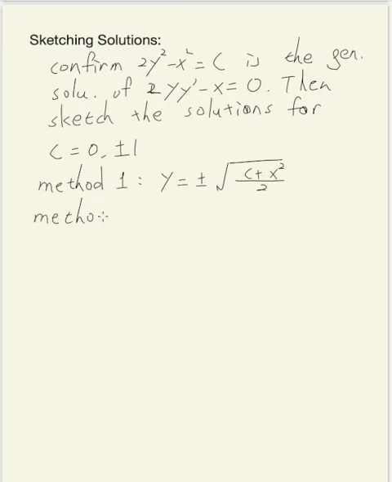Just differentiate this implicit solution with respect to x. So we get d dx. Essentially, I'm saying differentiate this entire equation.